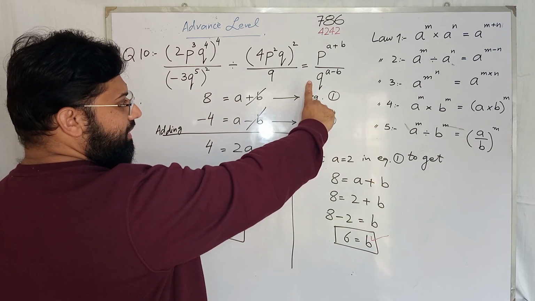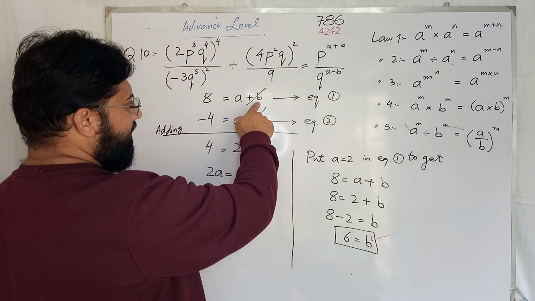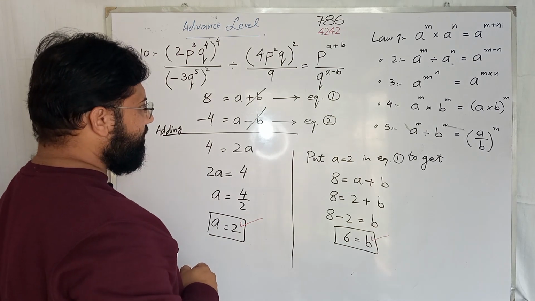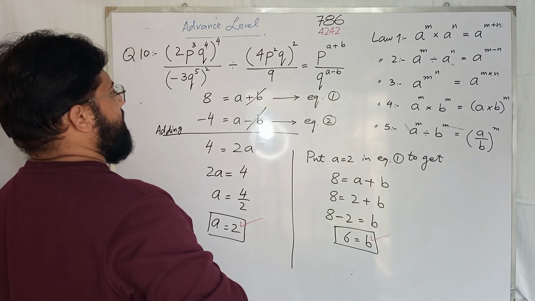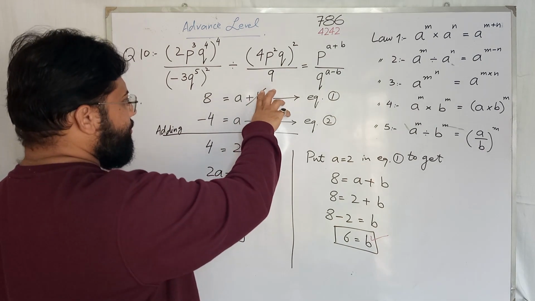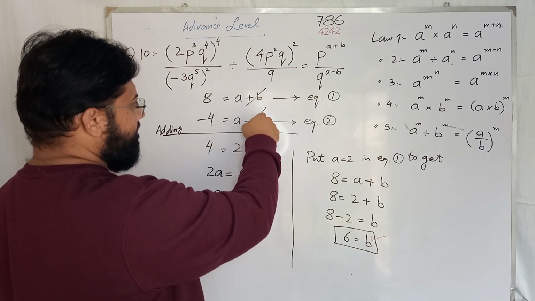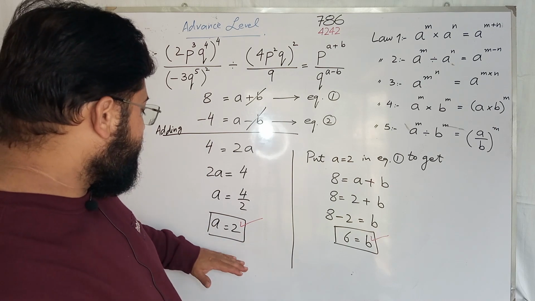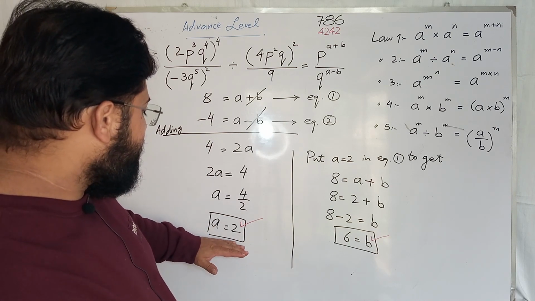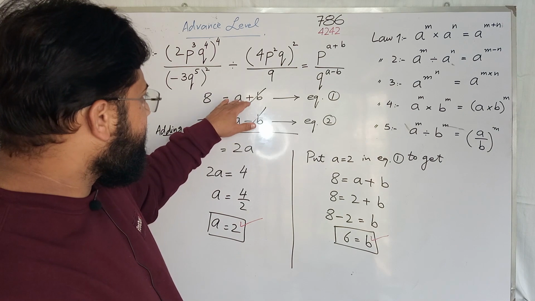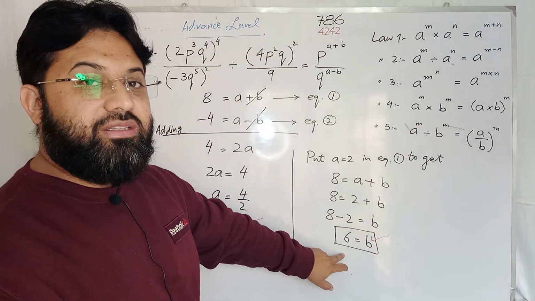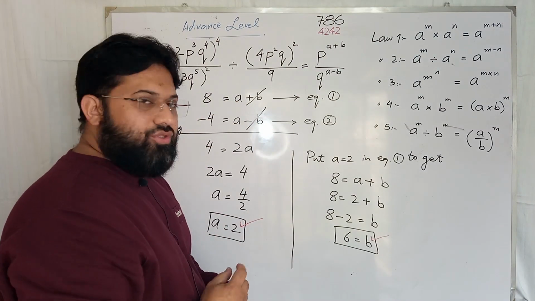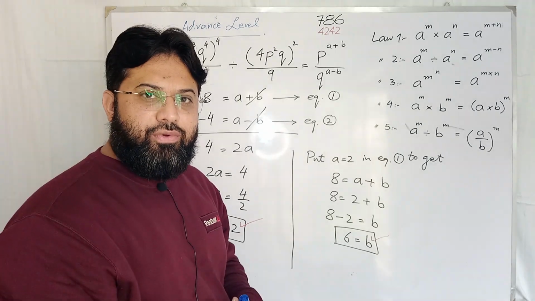Here we get two simultaneous equations having a and b variables. So if I add these two equations, these b will be cancelled out, leaving behind 2a, and so on. We got the value of a. If you put this value of a equal to 2 in any of the equations, in equation 1 or equation 2, you will get the same answer. So that was all about exercise 4a.